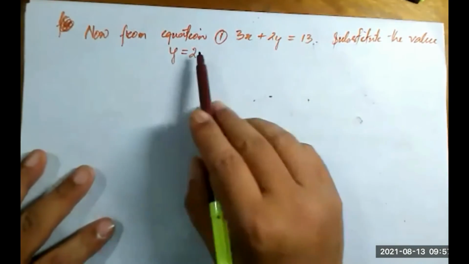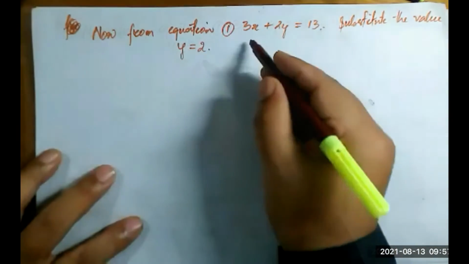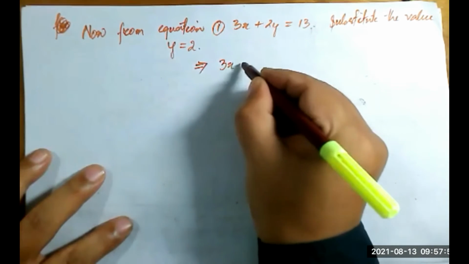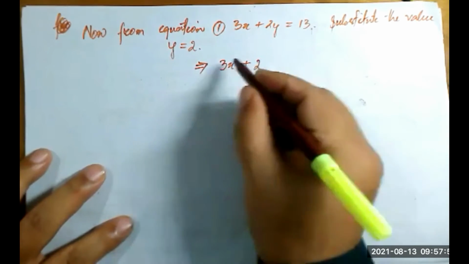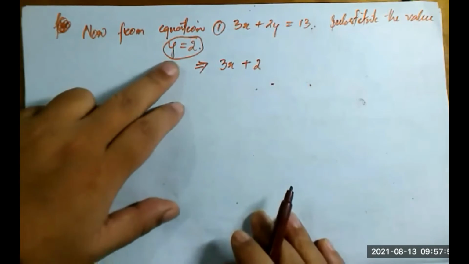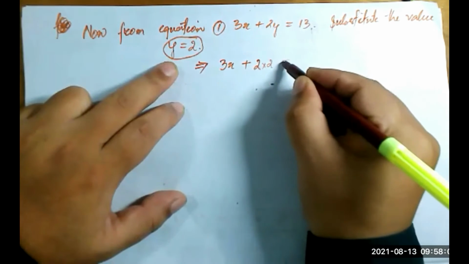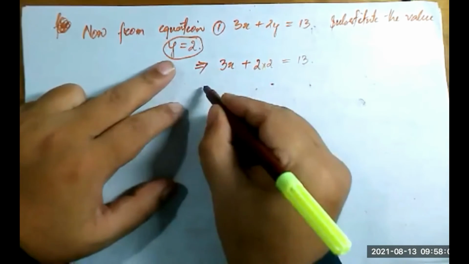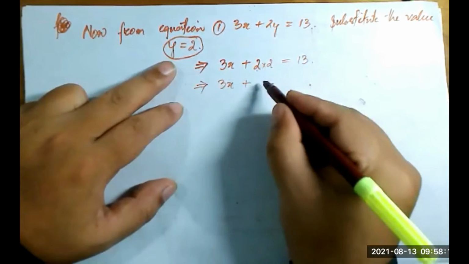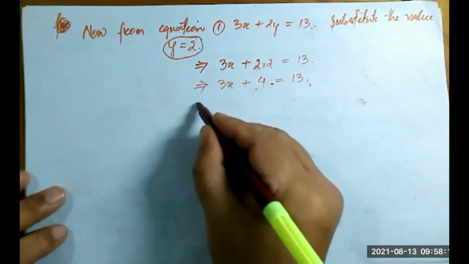It applies to 3x plus 2y. Now instead of y we have to put this value. So the value of y is 2, so 2 into 2 is equal to 13. Then this implies 3x plus 4 is equal to 13.